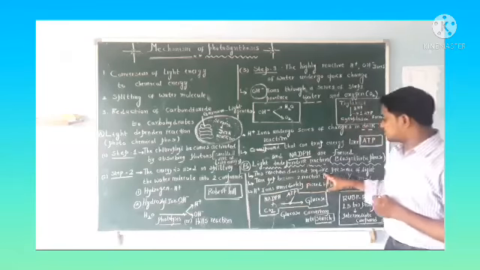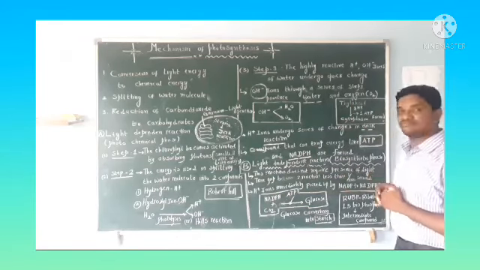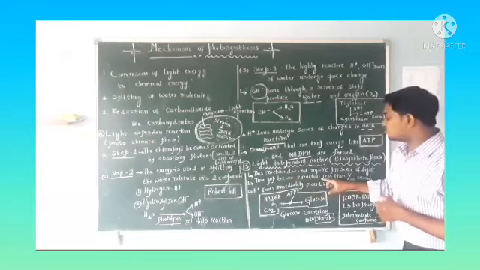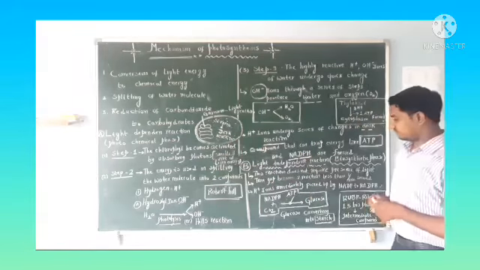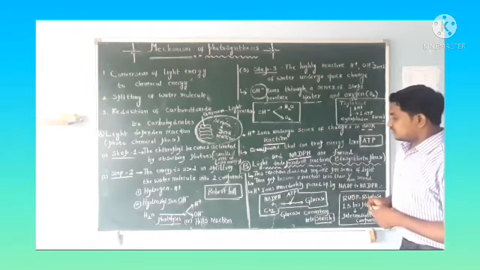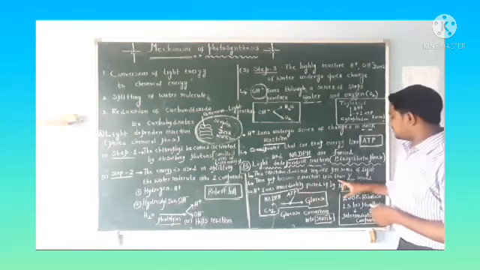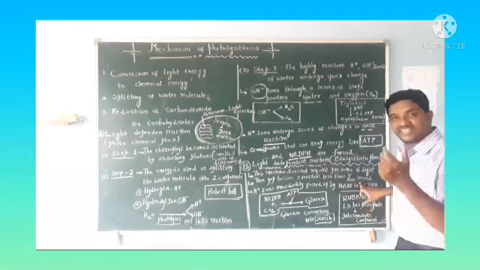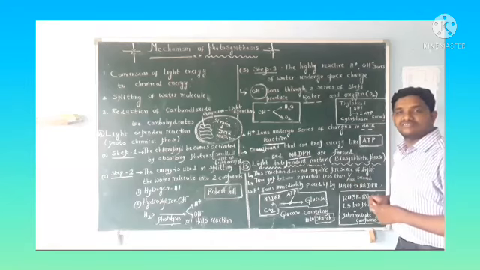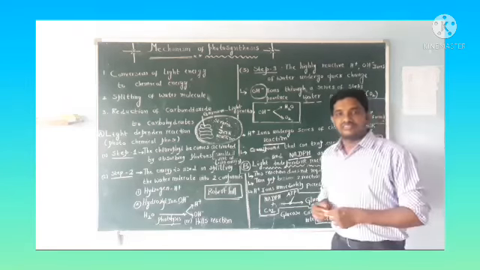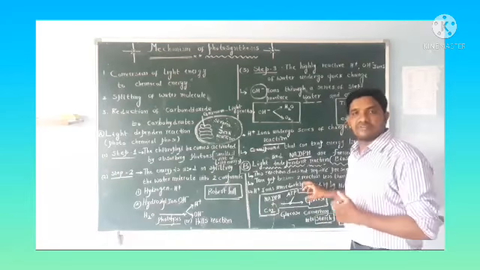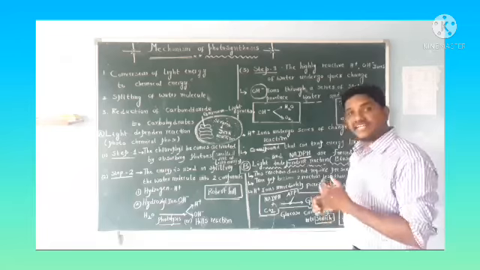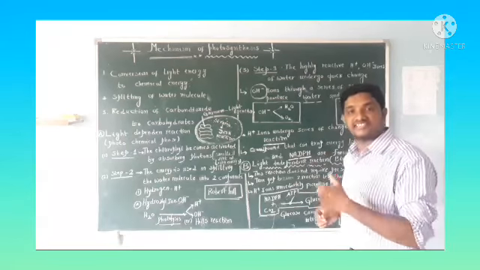The time gap between the 2 reactions, the light reaction and the dark reaction, is less than a thousandth of a second. It is a very small gap. Immediately the next chemical reaction starts.